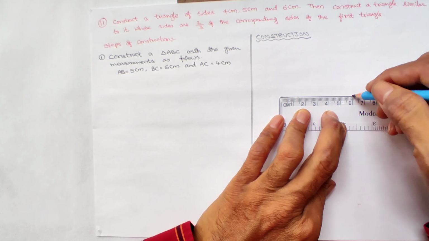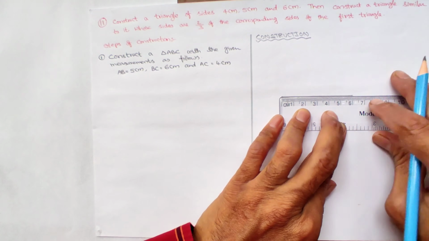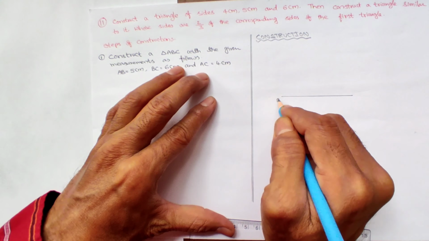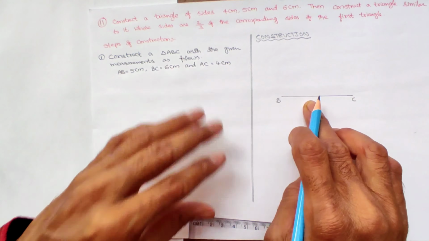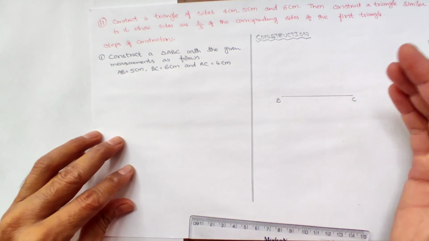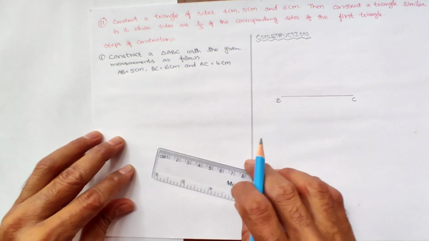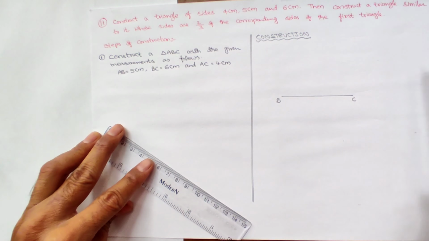So let us draw a line segment, the base, of 6 centimeter. Actually, all these steps of constructing a triangle are not required. That will be there in the lower classes, in 6th, 7th or 8th class, where we learn how to construct a triangle. So here in a single step we can write this.